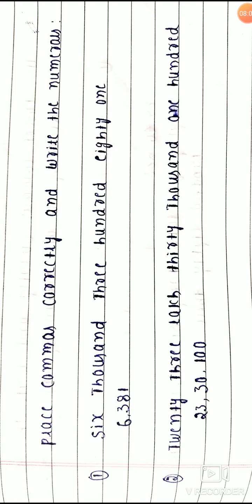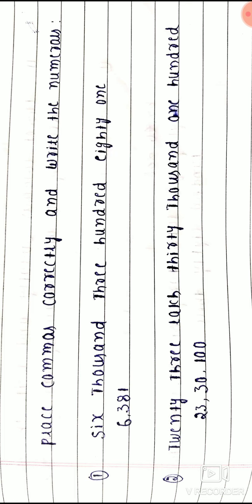Let us solve some problems relating to the Indian system of numeration and the international system of numeration. First one: place commas correctly and write the numerals. Here, problems are given in the form of words.